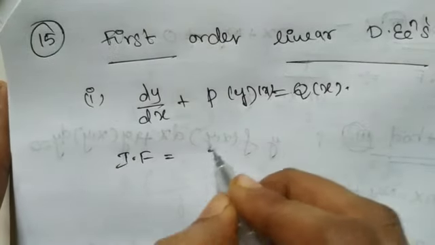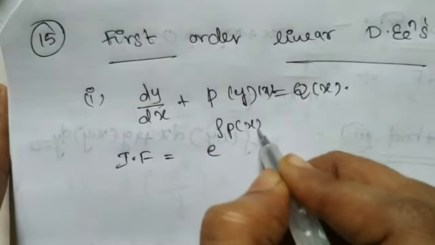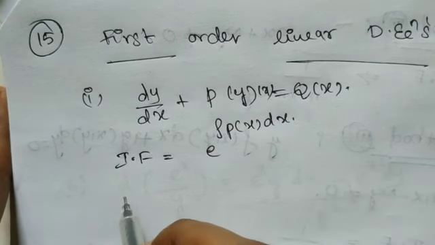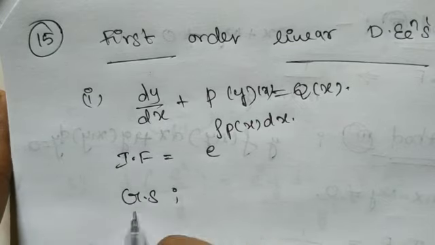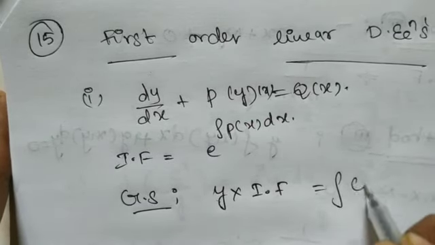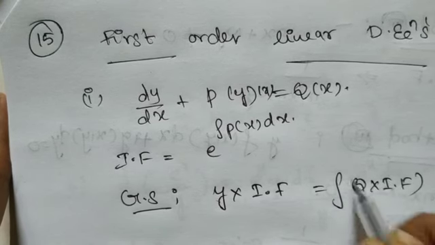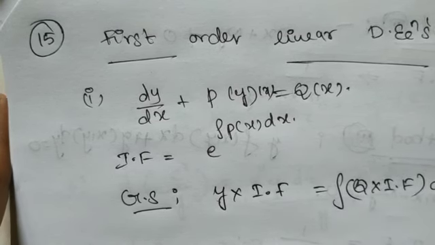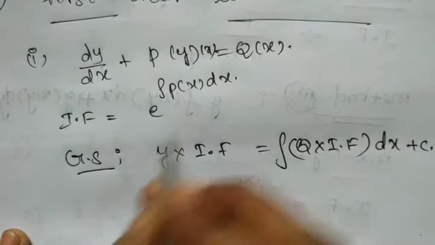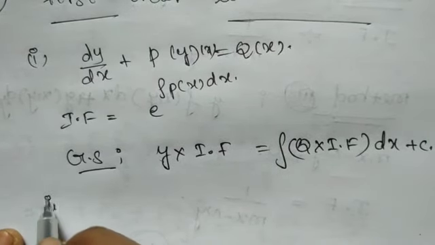The integrating factor is e power integration of P of x dx. Therefore the general solution is y into integrating factor equal to integration of Q into integrating factor into dx plus c. So this is the first order linear differential equation in terms of x.